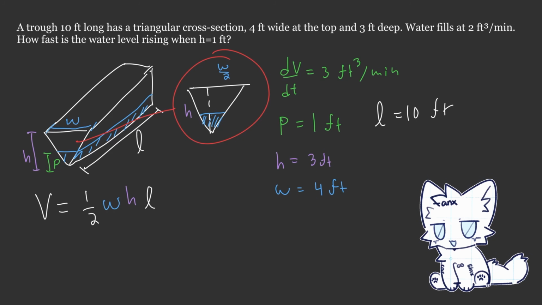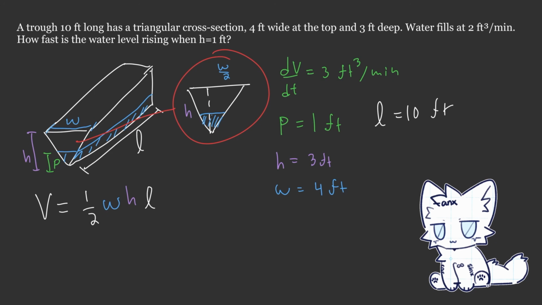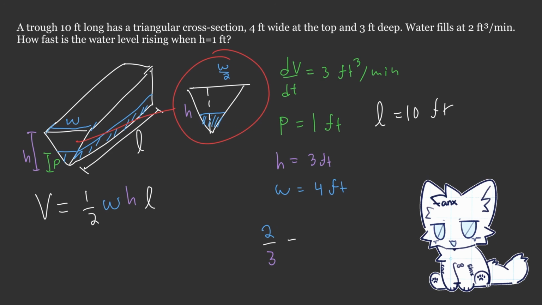So let's try to find the height in terms of the width. We know that half of the width would be 2 over 3. The height is equal to, because we know the ratio now, the width over 2 over H. This is our relationship.